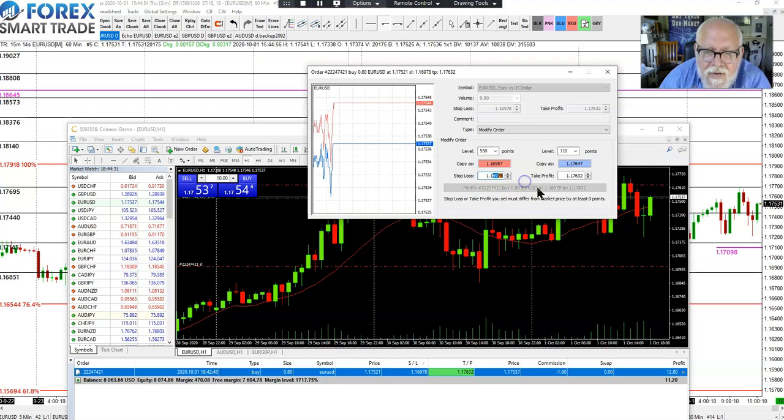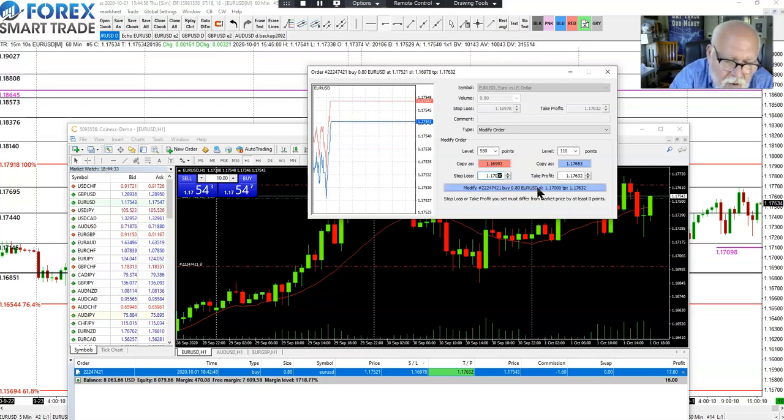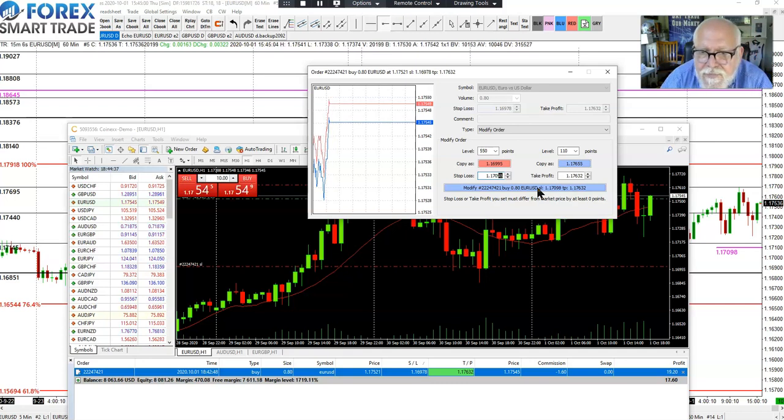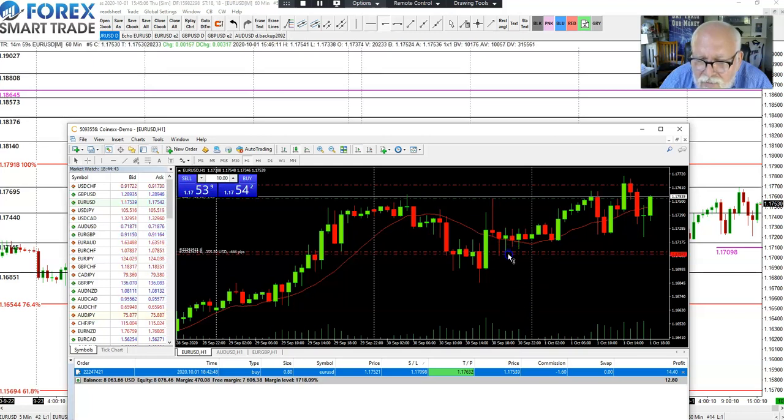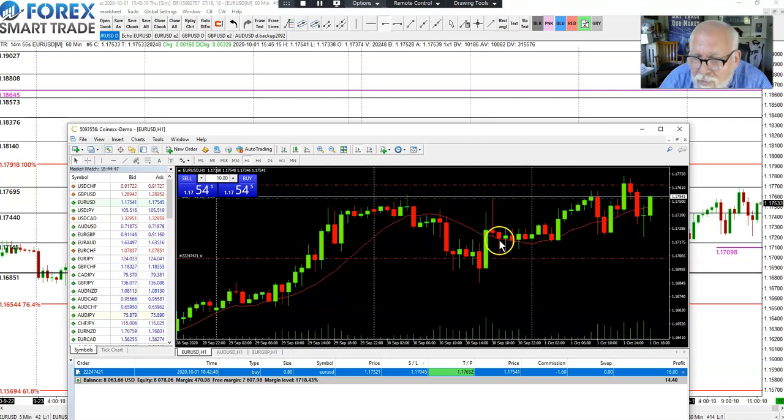And you see it misses touching here. I might even just bring it right here, pull it down just a little bit so that I'm out of the range of where these last wicks were. All right, so we've got one trade in.